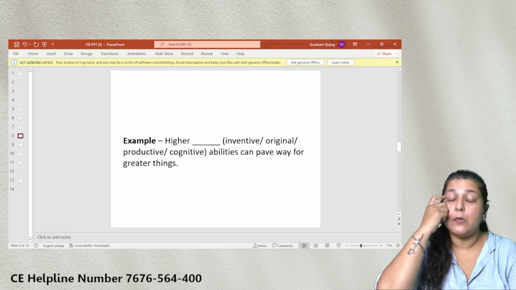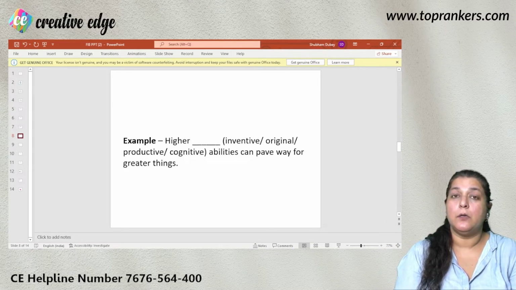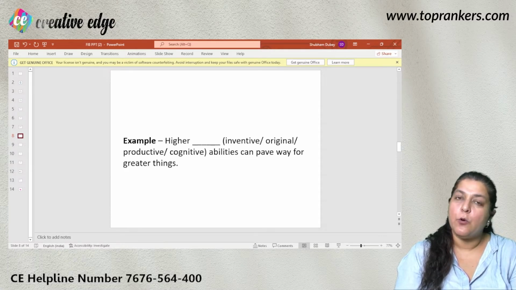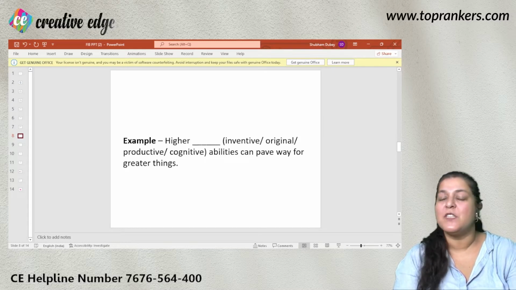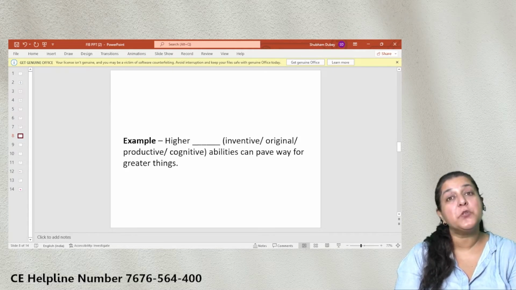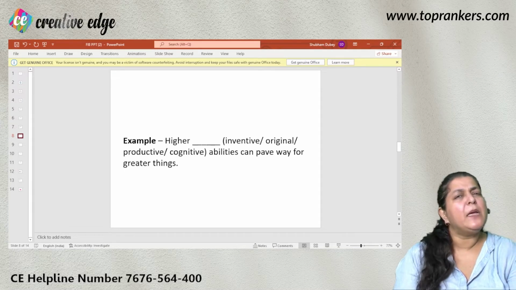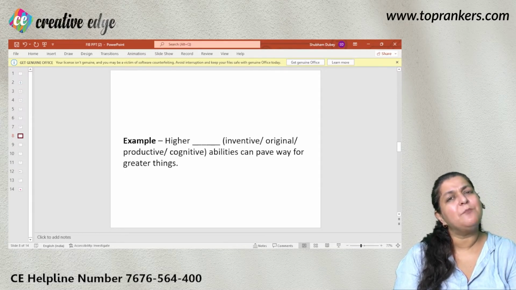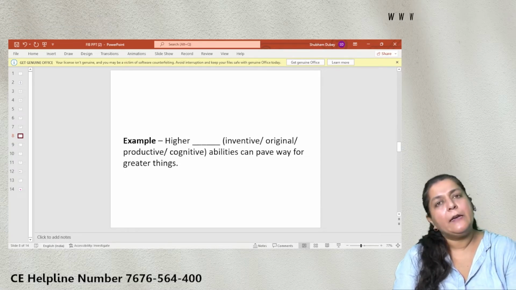Now, when we are talking of vocabulary, vocabulary is not only necessary when you're doing your fill in the blanks, it is also very necessary when you're doing questions of synonyms and antonyms. Other than that, your vocabulary is of utmost importance when you're attempting reading comprehensions also. Maybe it helps you sometimes when you are able to understand the contextual meaning of the word and comprehend it and then use it.